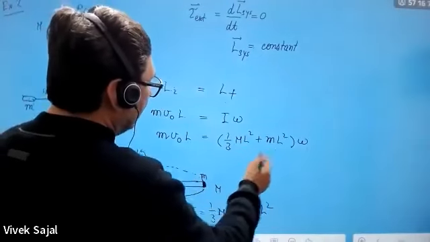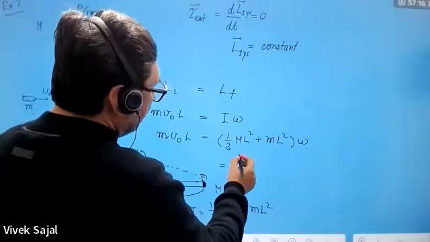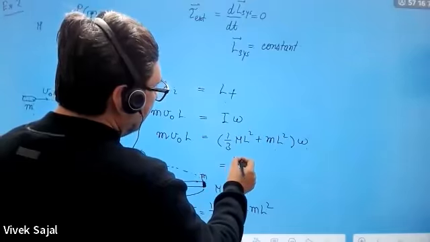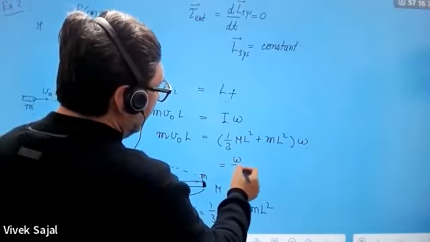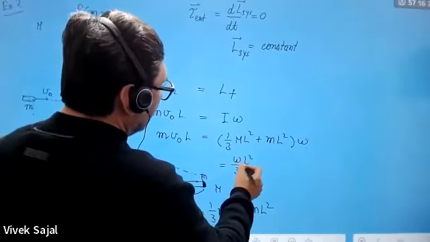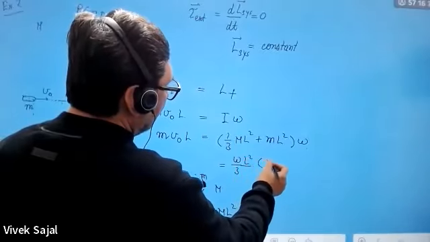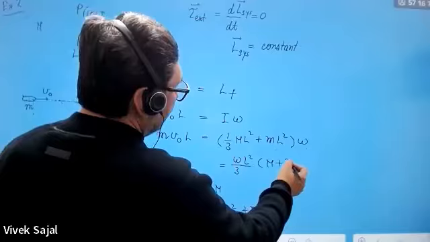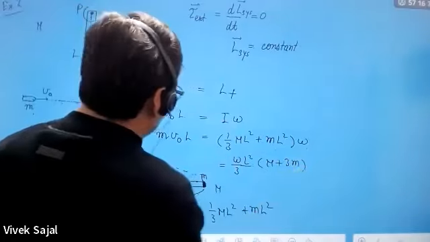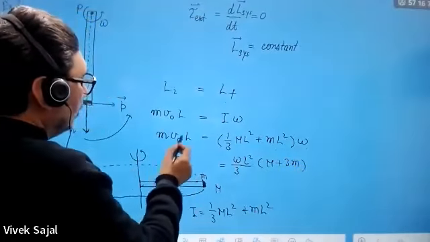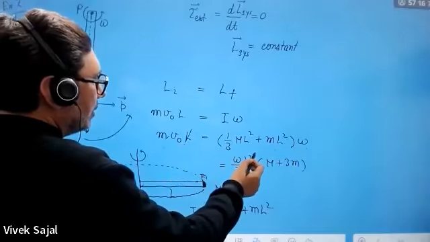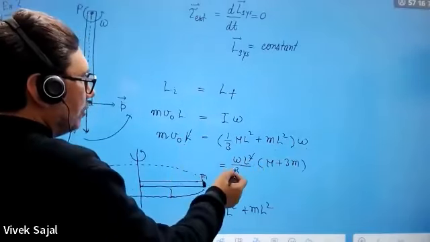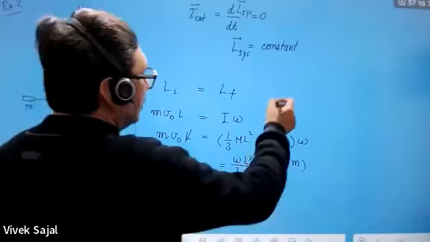So this will be omega by 3, L square, and in the bracket, M plus 3 small m on this side. One of the L will cancel out from this side, so this will be 3 m v naught. What will be omega?